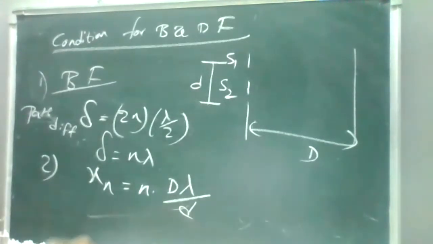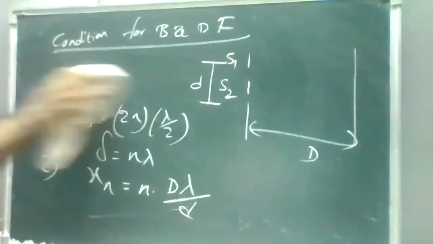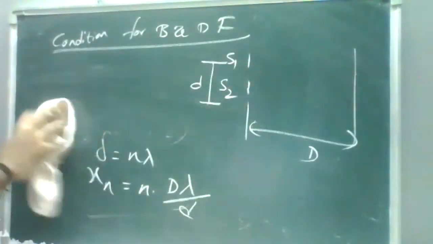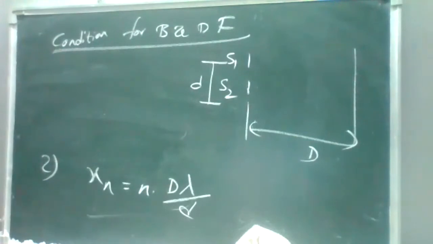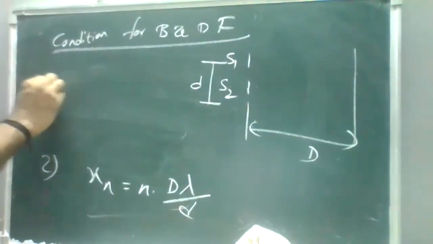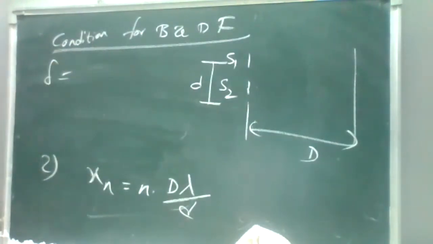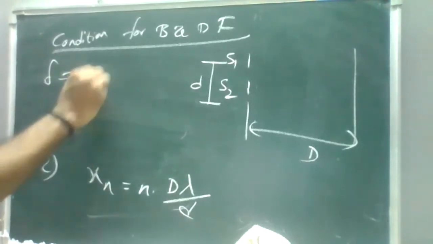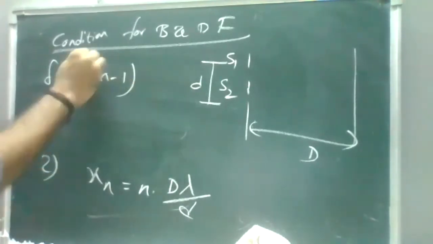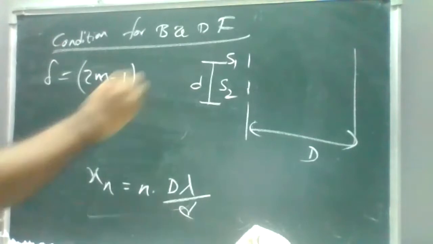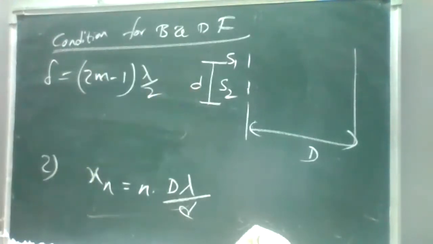Third one, dark fringe. The path difference del is equal to (2m minus 1) into lambda by 2. It is for the darker fringe.